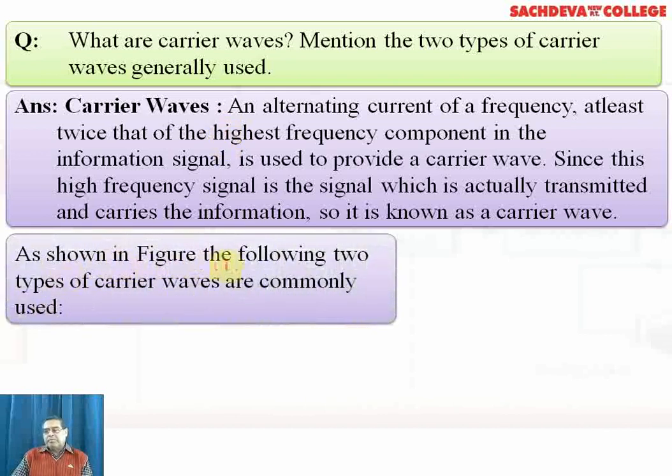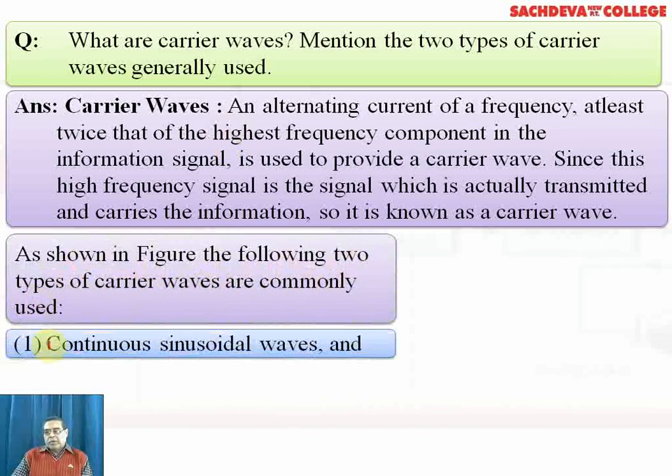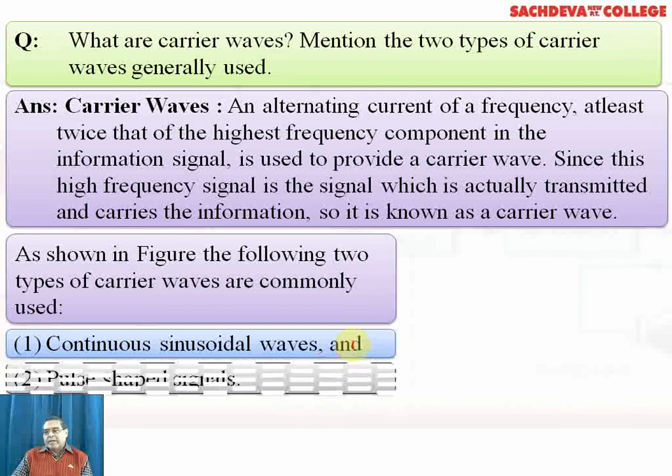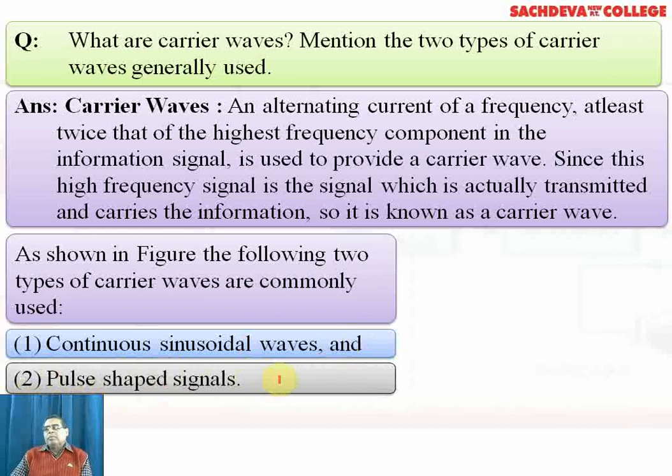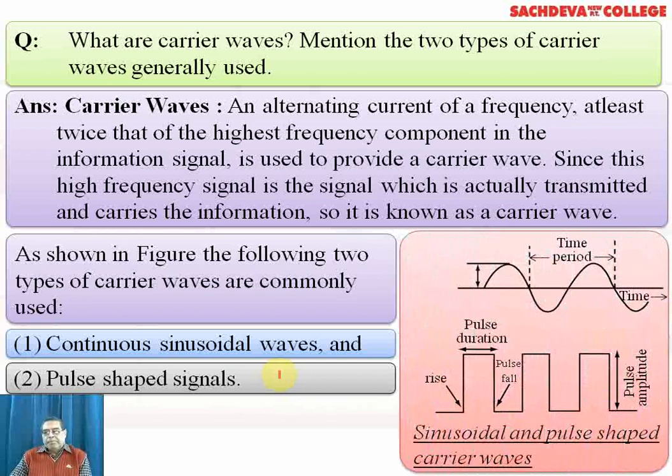Now, as shown in the figure, the following two types of carrier waves are commonly used: continuous sinusoidal waves, where the current does not break, and the pulse-shaped signal. We normally prefer the pulse-shaped signals because they are of short duration, and the pulse continues to move or flow.